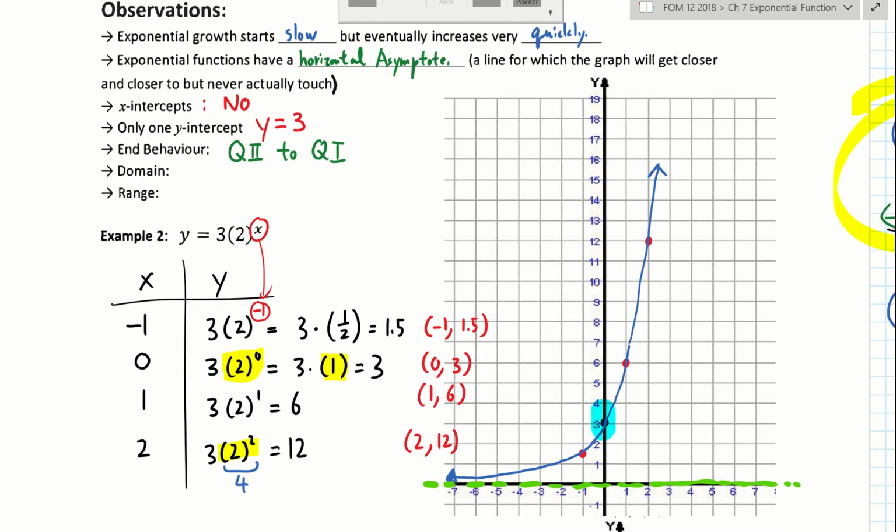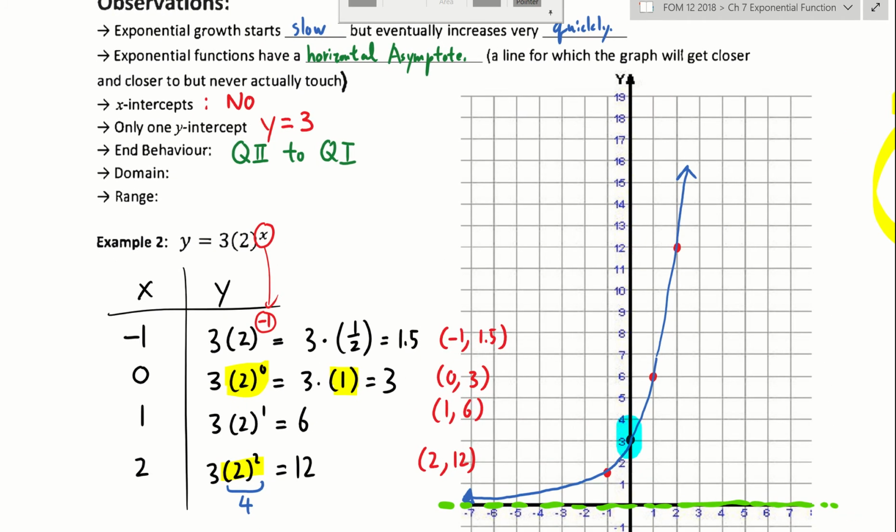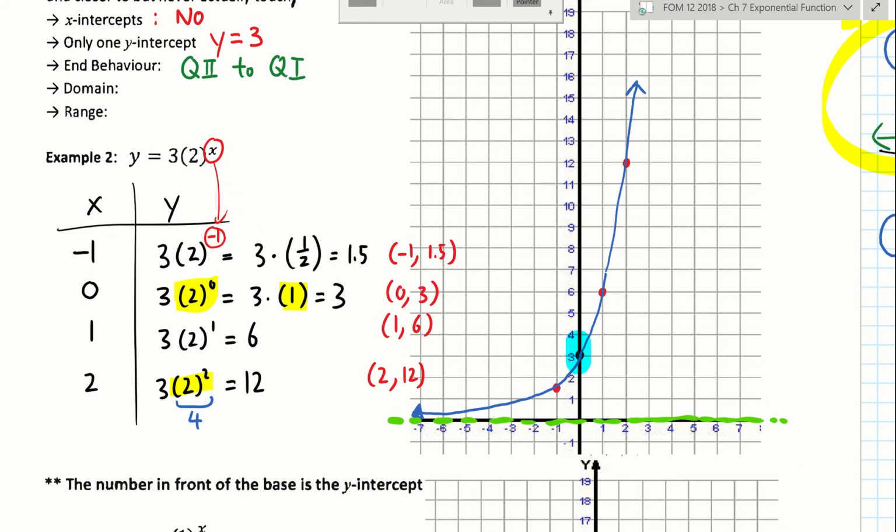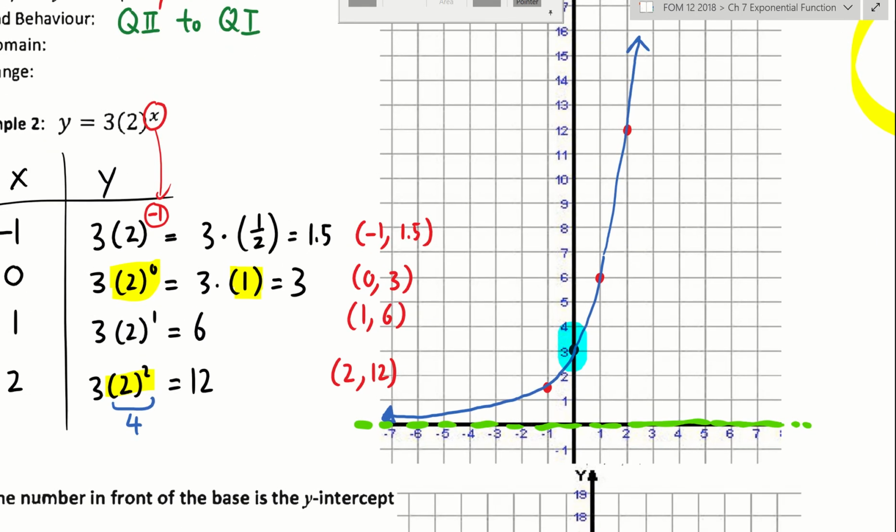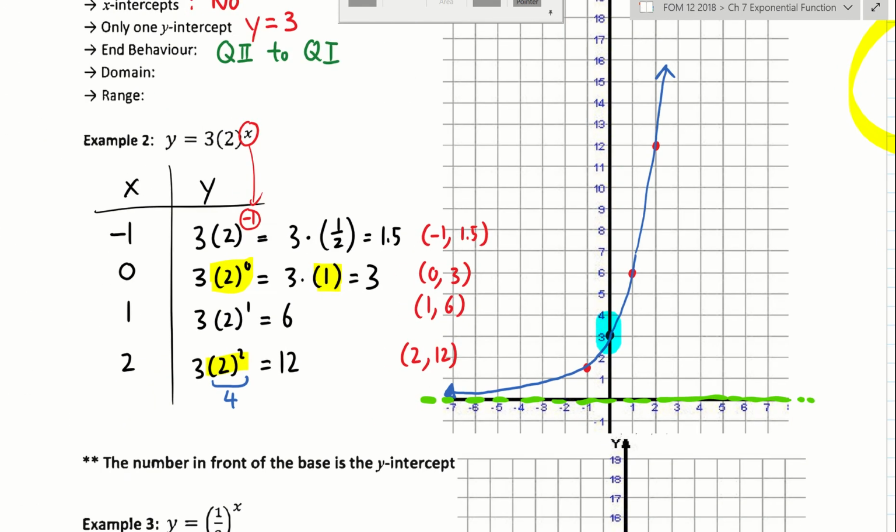Domain and range. Domain is asking you for the x values. That means what are the possible x values. Now you look at this graph, every single x value is possible, right? Whether x is negative, positive, or 0, every single point has a corresponding point on the graph. There are no x values that you cannot have. You can have x equal to 10, 20, 30, 50, 1000, negative.